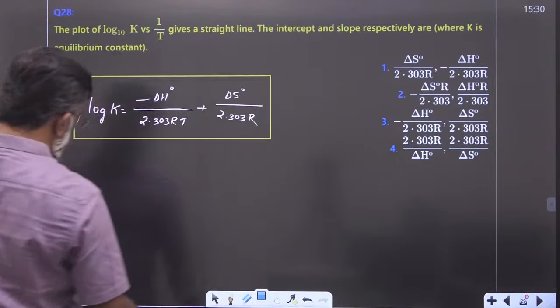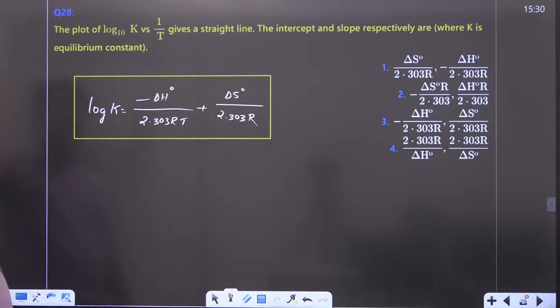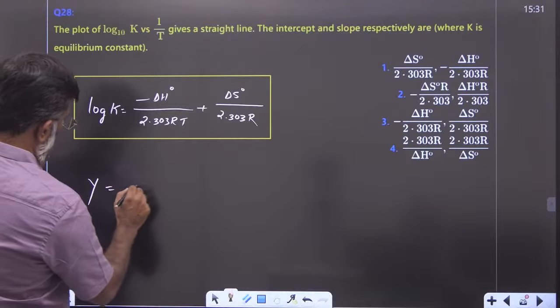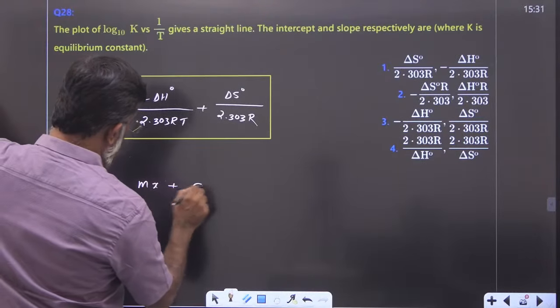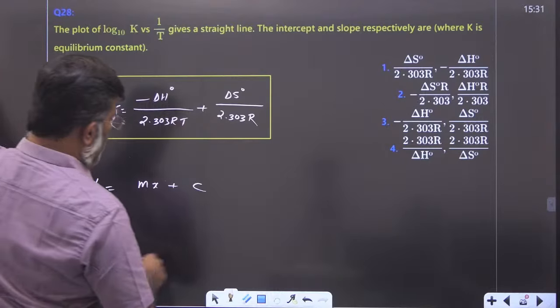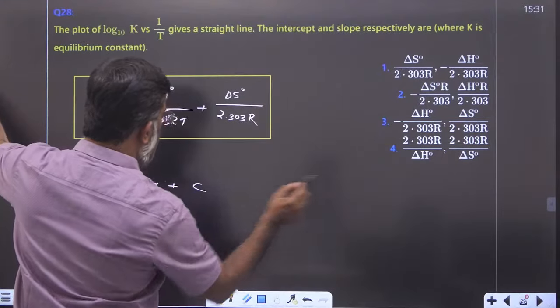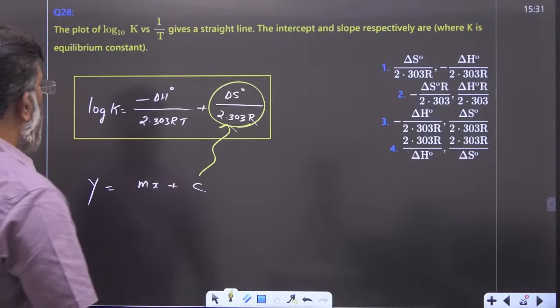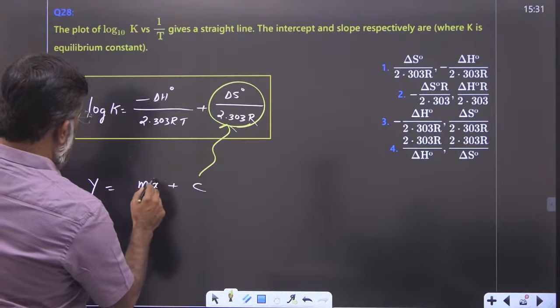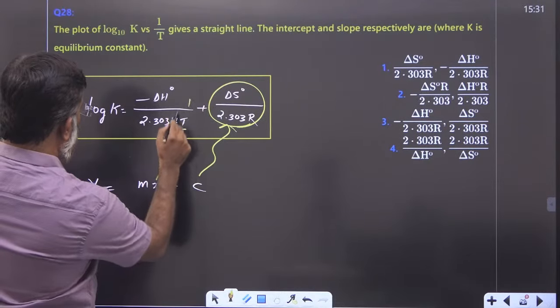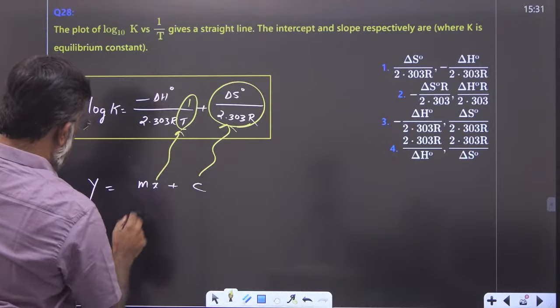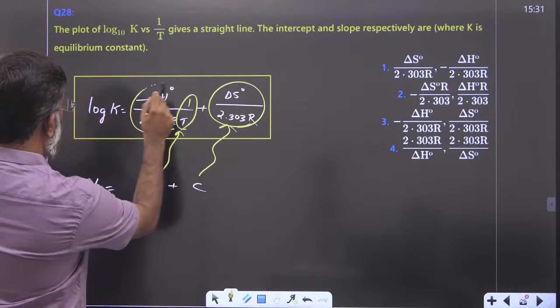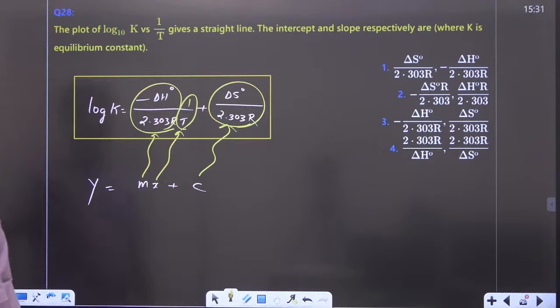That is y equals mx plus c. This is the y intercept, and the x-axis data is 1 by T. And the slope will be equal to this.